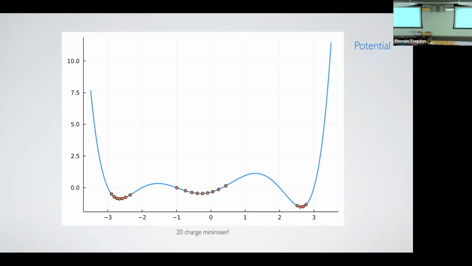When you get up to 20 charges, it becomes a lot of different possibilities. Each of these is a local minimum, and your optimization algorithm will get stuck at one of them. Of course, maybe with a genetic algorithm it will do better, or with stochastic gradient descent, but you aren't necessarily going to converge to the global minimum, and we want the global minimum.